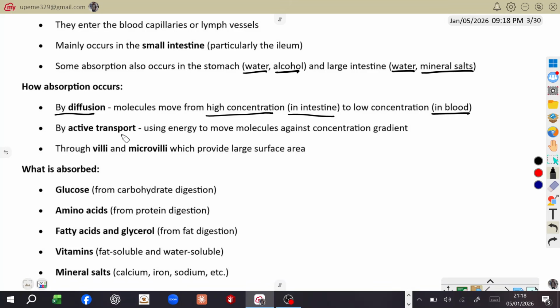In such a case, active transport is responsible, using energy to move molecules against the concentration gradient. The food absorbed by diffusion and active transport passes through the villi and microvilli, which provide a large surface area. That's how this process occurs.